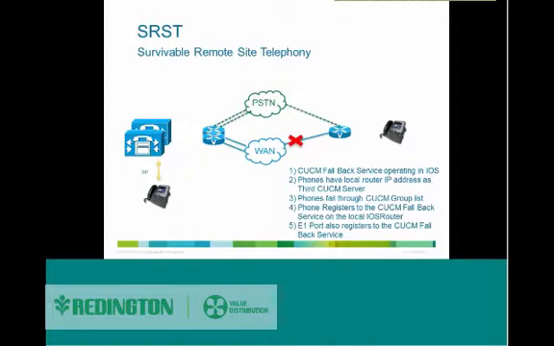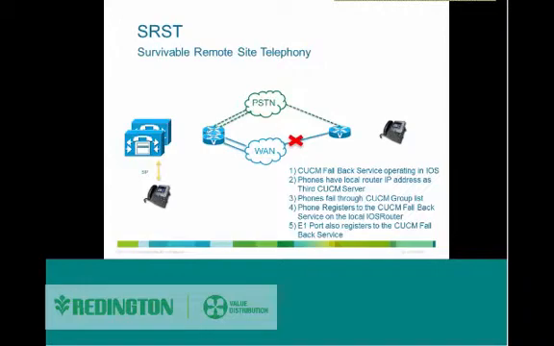The options on this survivable remote site telephony are the CUCM fallback service operations in IOS, and the phones have the local router IP address as the third CUCM server. The phone fails over through the CUCM group list, and registers to the CUCM fallback services on the local IOS router.